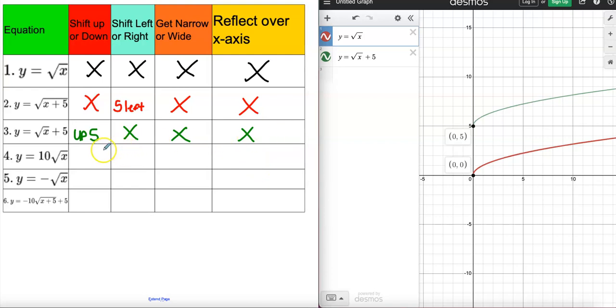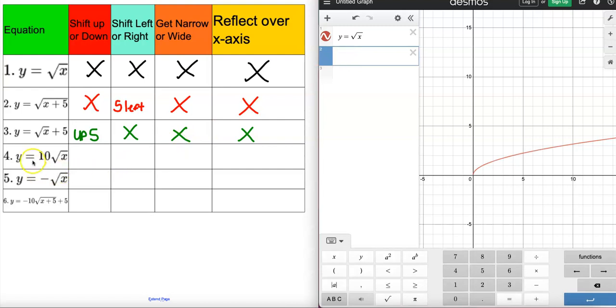The only thing it did was shift up. All right, now let's take a look at another one. What about the next one? So y is equal to 10 times the square root of just x. Whoa, what do you think happened there?